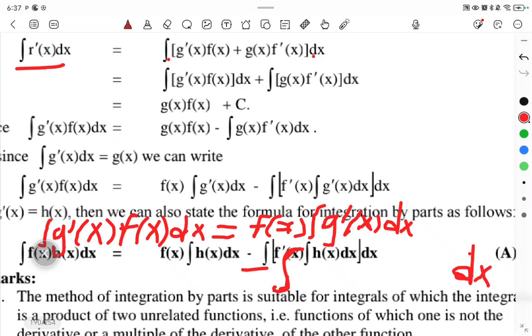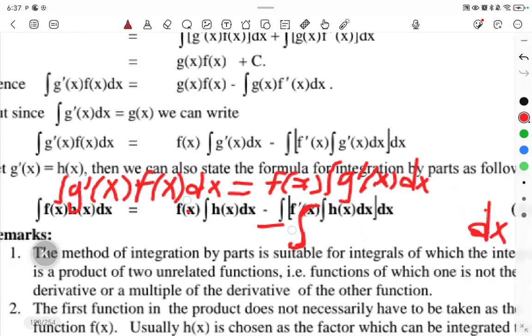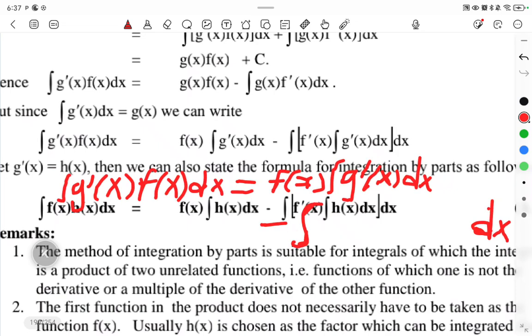Now it's like we want to get back there. From the first try, we knew that we had f(x), but we're going to have the integral of f(x), then g'(x), and its own integral dx.